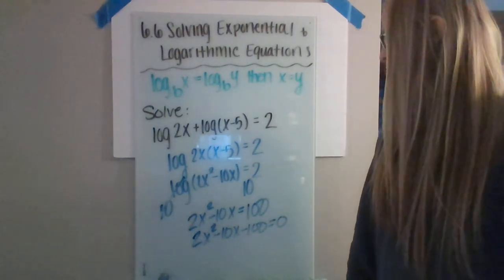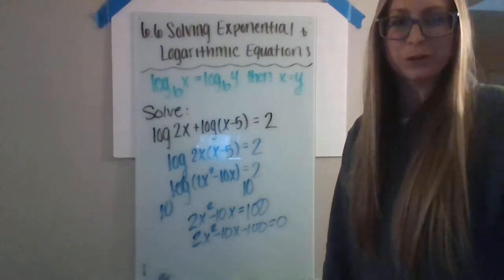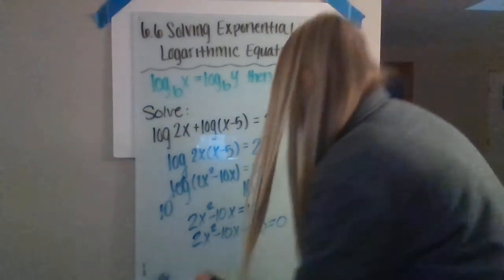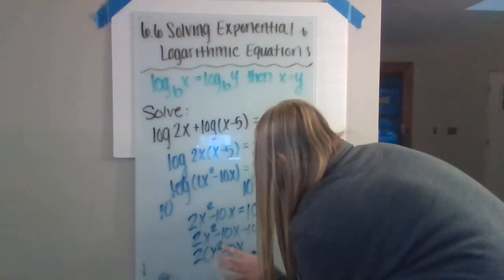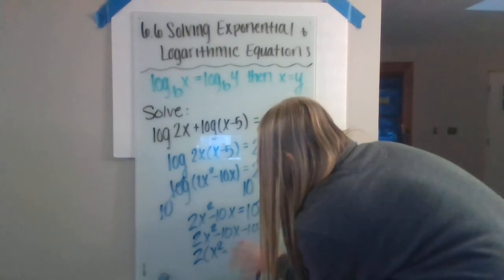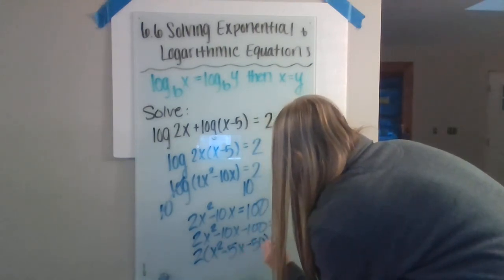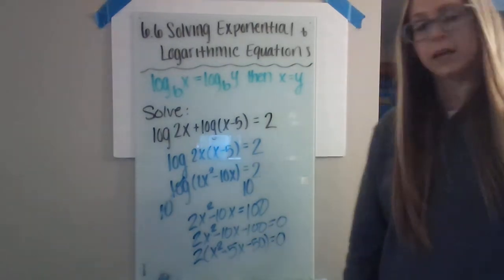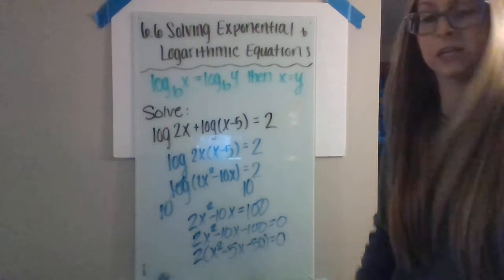Okay. 2x squared minus 10x minus 100. We got to factor. First rule of factoring, GCF. 10 divided by 2 is 5. Okay, we took out 2, which leaves us with x squared minus 5x minus 50.